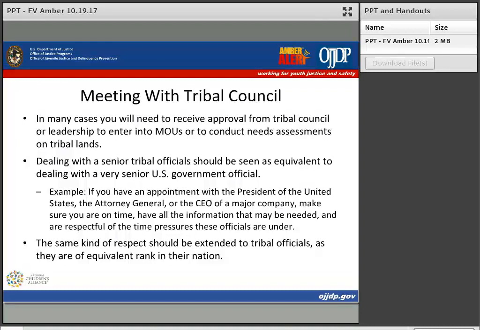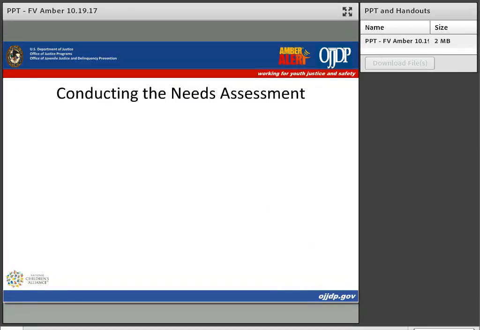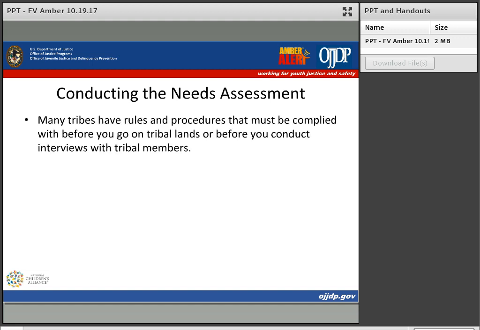The same type of respect that you would show if you were going into another state capital, into another country's government, needs to be shown to the tribe. We don't just enter into tribal lands and begin operating without permission from the sovereign government of that community.